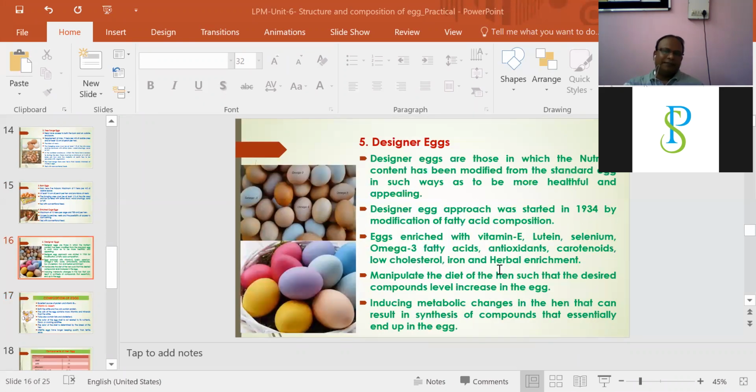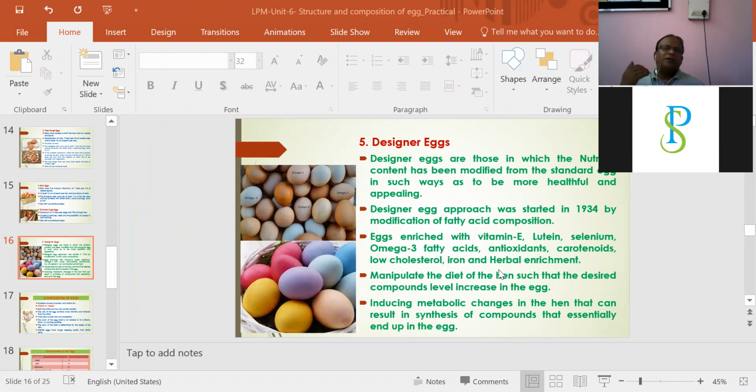Fifth, designer egg. A designer egg is an egg which is enriched in a particular nutrient, such as omega-3 fatty acid, antioxidants, carotenoids, less cholesterol, iron, or herbal enrichment. That is why it is called a designer egg, because it is especially designed: a special type of nutrient is supplemented in the feed, so that after metabolic absorption it will be deposited in the egg.